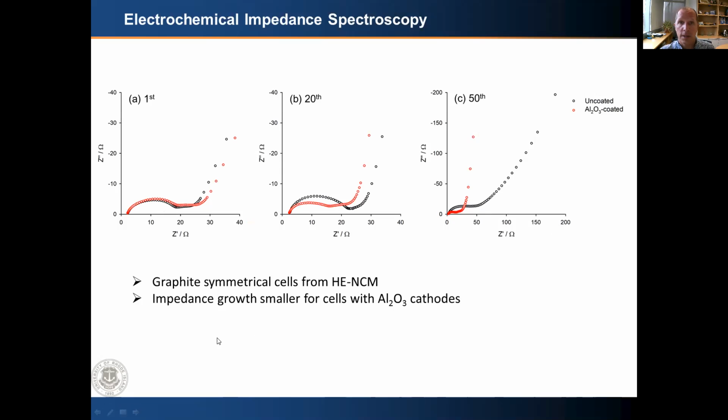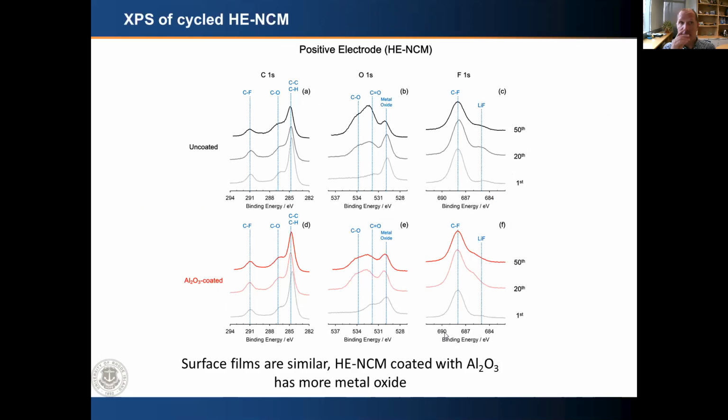So once again, we see a significant impedance and impedance growth for the cells with the uncoated cathode materials.